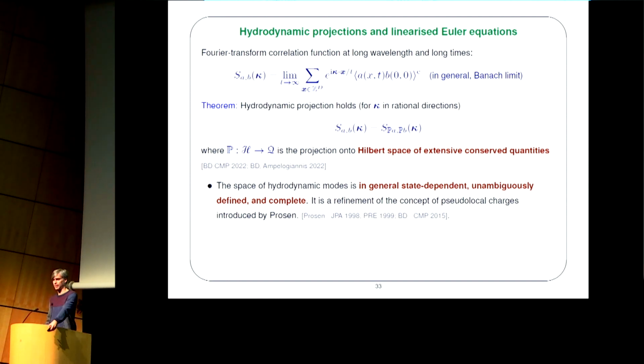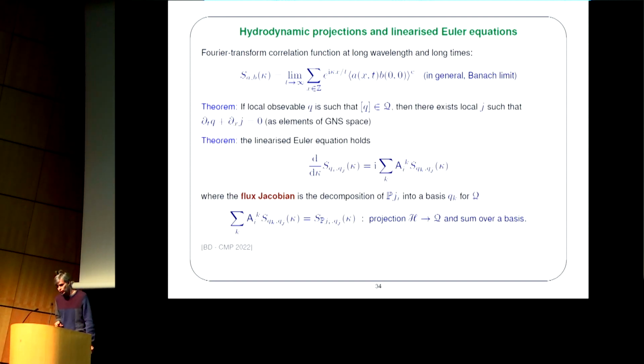integrable models. Okay. Now, you can also go further and prove the linearized Euler equation, so the propagation equation for the two-point function. Here it takes the form of a derivative with respect to the Fourier parameter in some quantum chain.